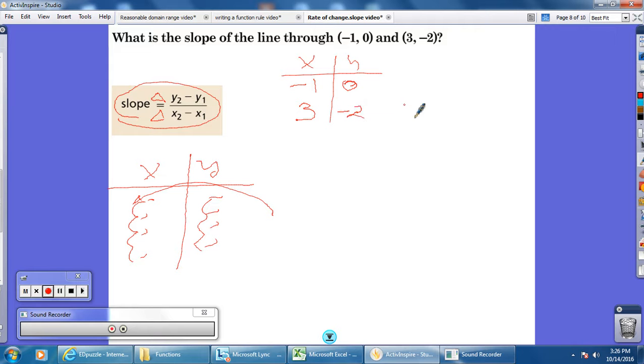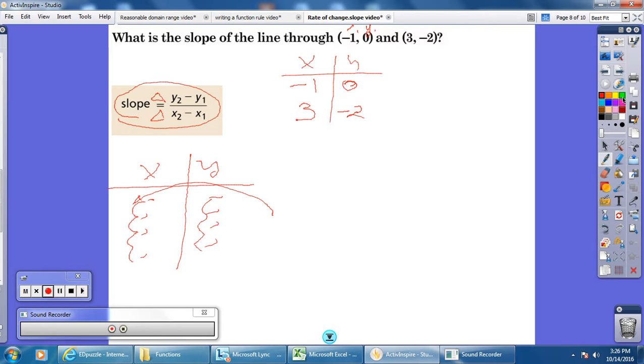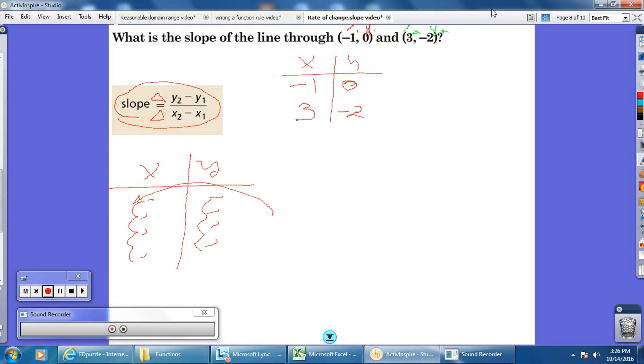These are 2 points. So let's use this formula. I'm going to label this x1, y1, and I'm going to label this one x2, y2. I'm sorry, you can't read it. It's terrible.